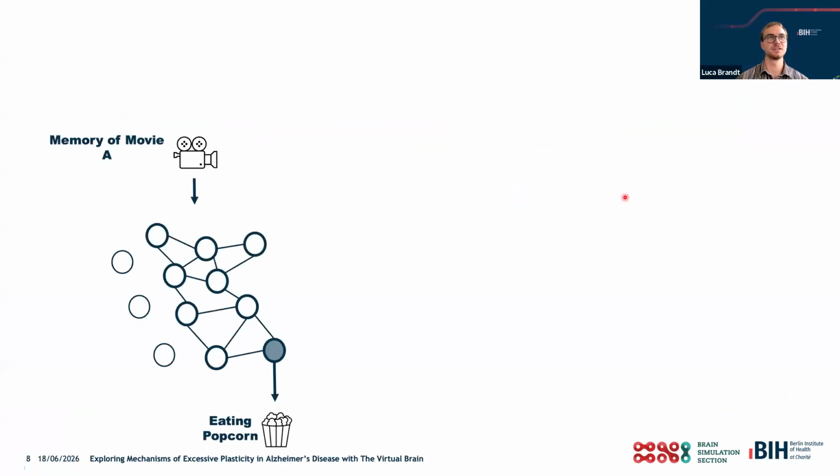So imagine you were watching a movie last night, maybe Inception, and there would be some memory traces, some neurons encoding different parts of the movie, really schematically speaking, and you happen to be eating popcorn during that movie.